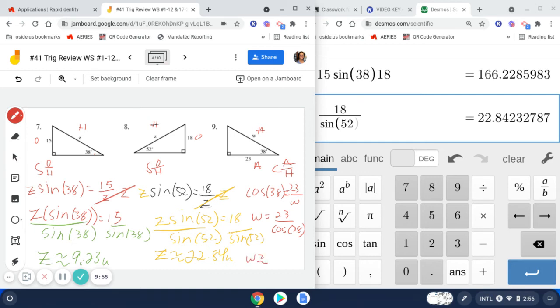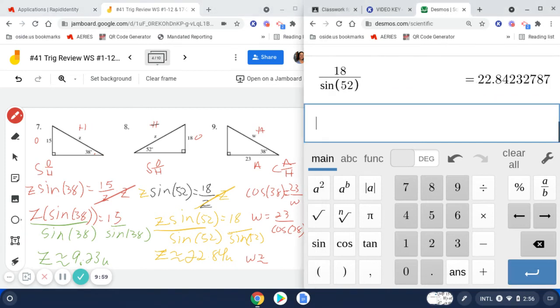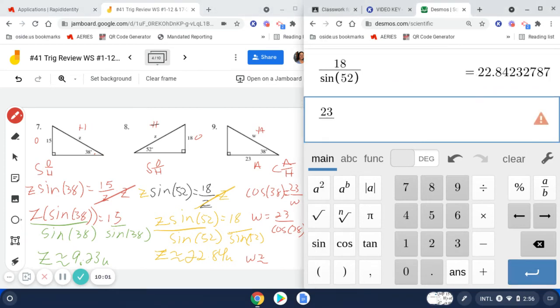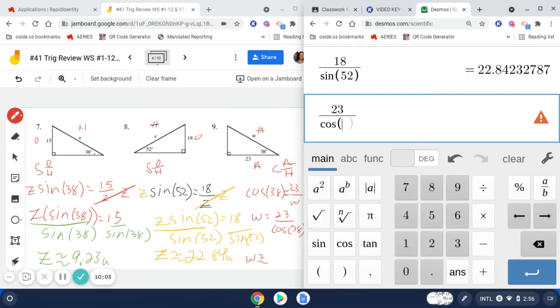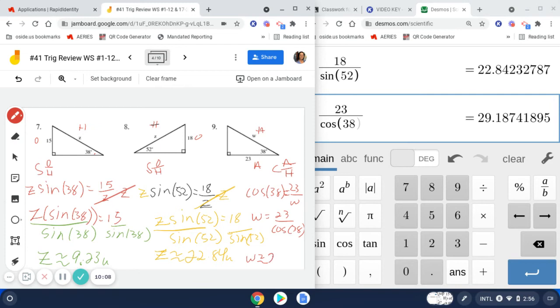So 23 divided by the cosine of 38 gives me 29.19 U for units. How'd you do?